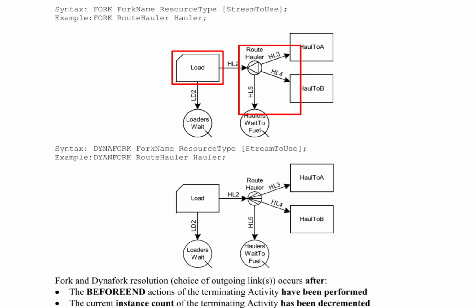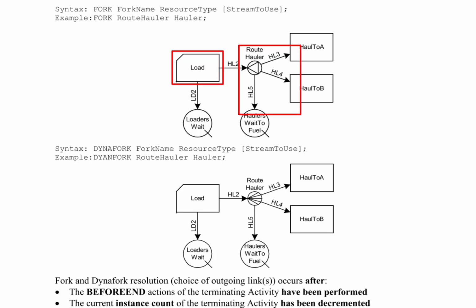If the successor node is a normal activity like haul to A, then haul to A will create an instance. If the successor node is a queue like haulers wait to fuel, then the queue simply awaits the delivery of resources.